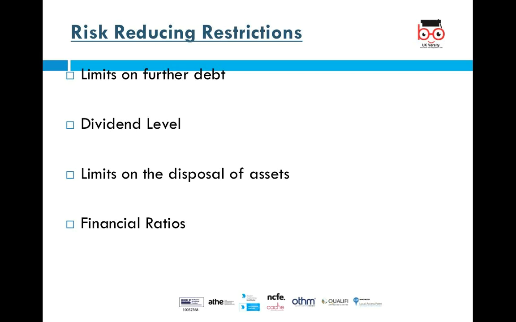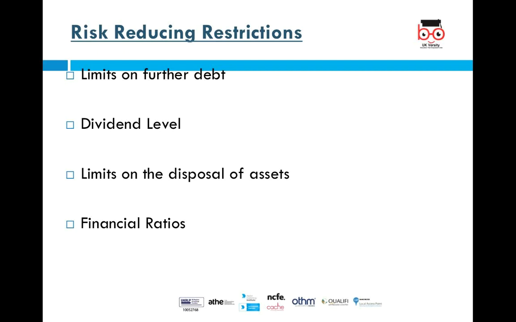There are risk-reducing restrictions regarding borrowing and lending formalities. They limit further debt, definitely, and set a certain level of dividend. The company needs to pay the dividends, and there are limits on the disposal of assets.